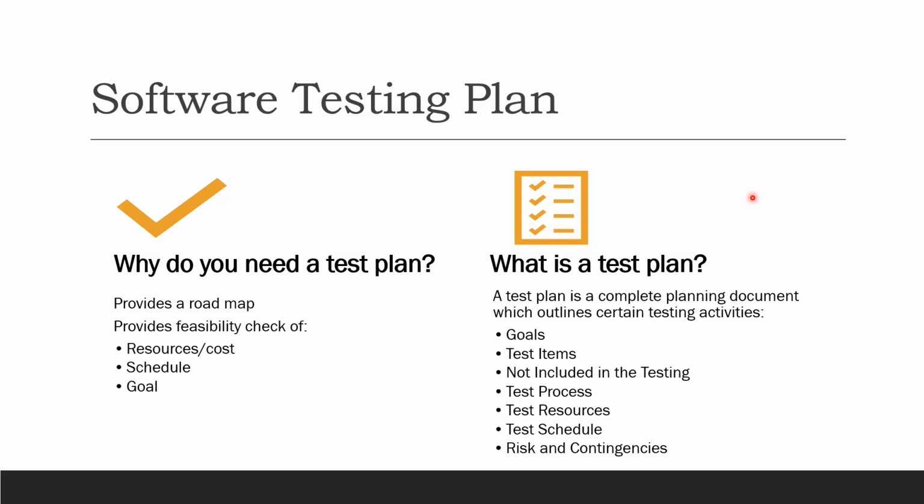So we don't really generate test plans for sprints, because in sprints it's considered a lot of work, and you won't really be able to do anything if you're writing test plans in each sprint. It's going to be a lot of documentation and whatnot.